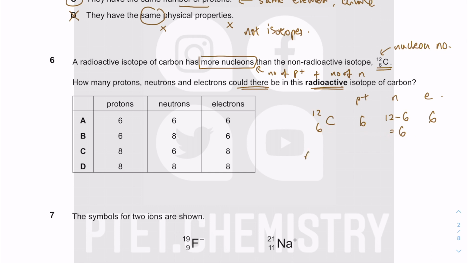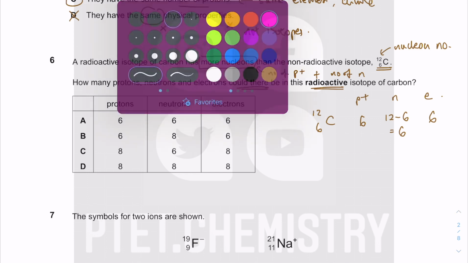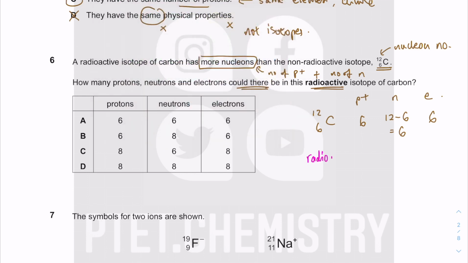But then we are talking about the radioactive isotope. So which one is the radioactive isotope then? The radioactive isotope is still carbon, and therefore you still have 6 protons, okay, because it's still the same element. And isotopes are atoms of the same element, so they are atoms.